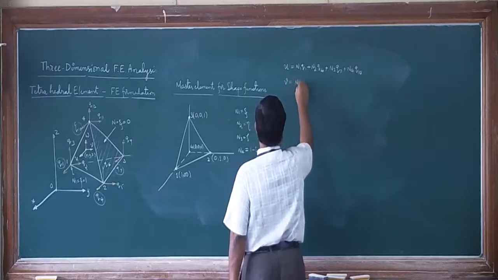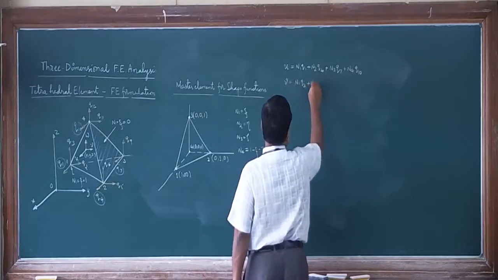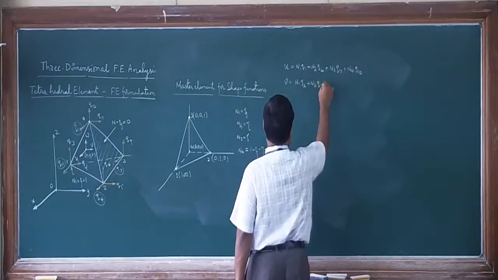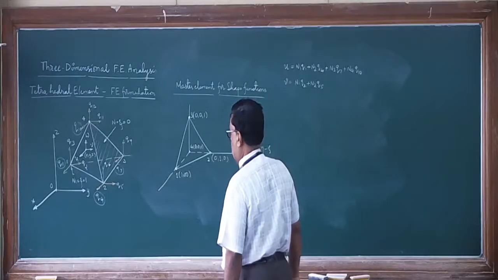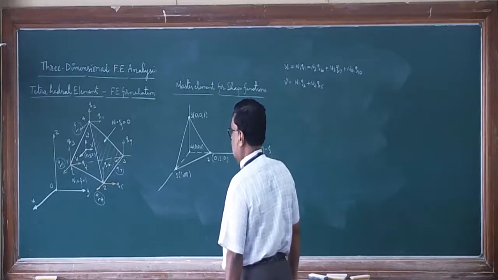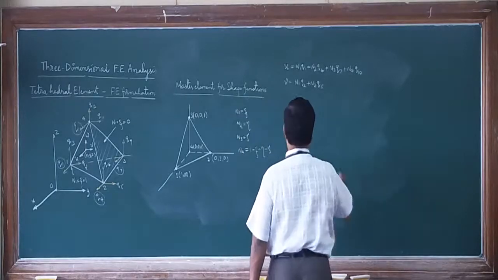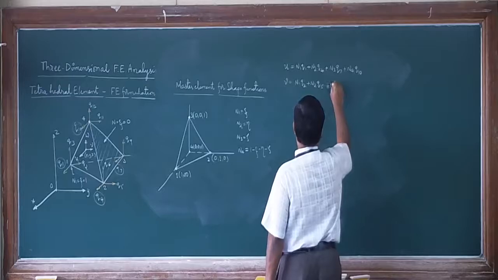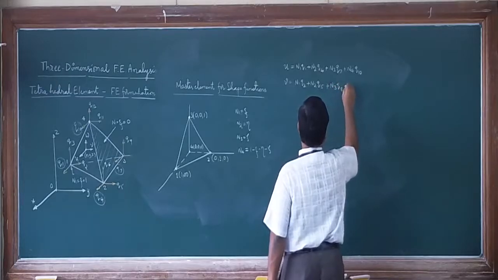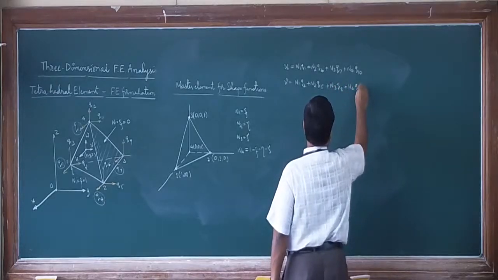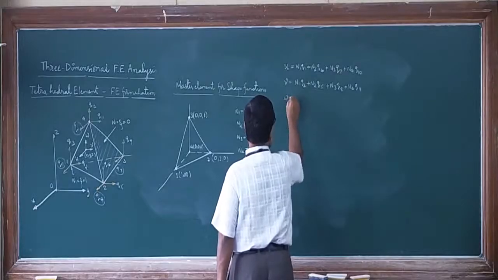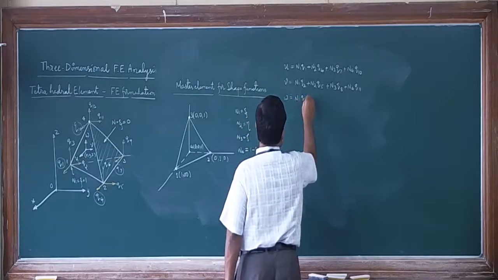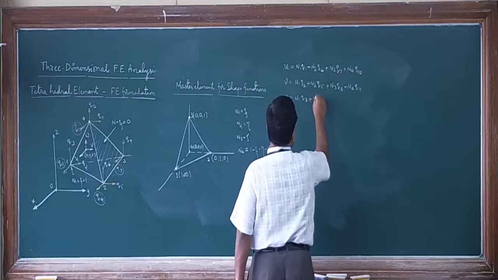It is n1 q2 plus n2 q5, plus N3 Q8 and N4 Q11. And lastly, w is given by N1 Q3, N2 Q6, and so on.